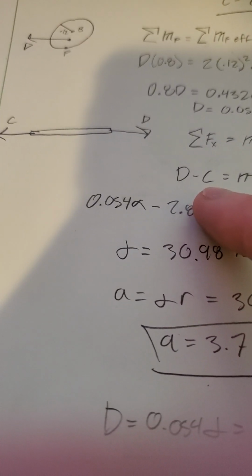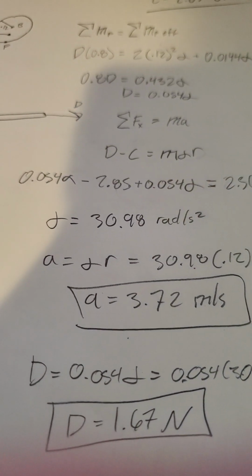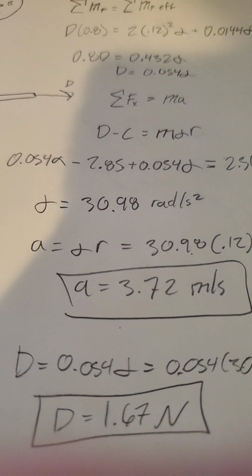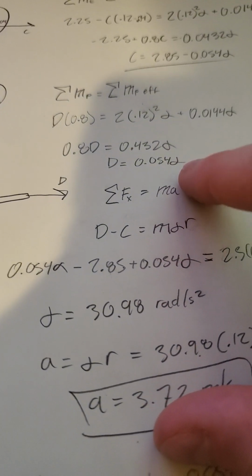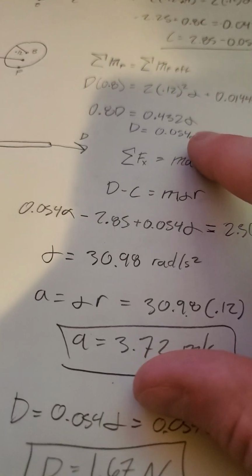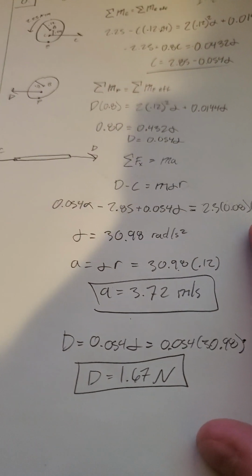And that's going to equal D minus C times mass times acceleration, which is angular acceleration times radius. So we know D and C. We have D and we have C, and these are both in terms of the angular acceleration. So we can solve this pretty easily.